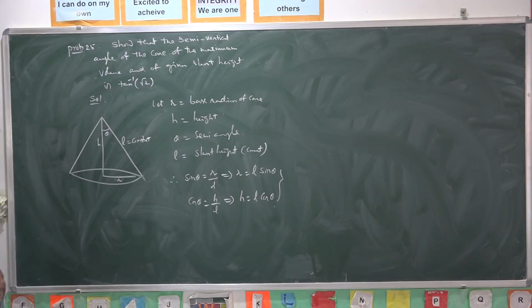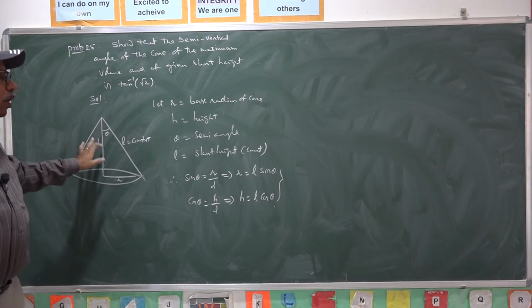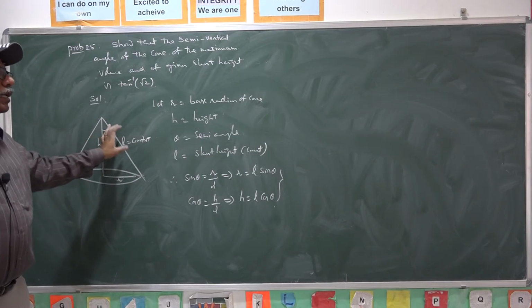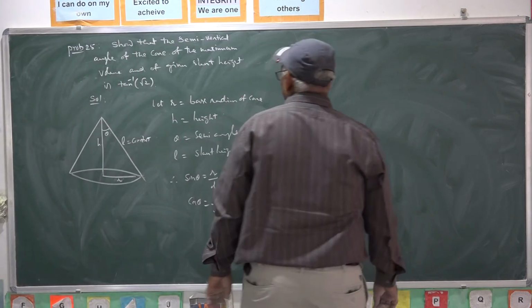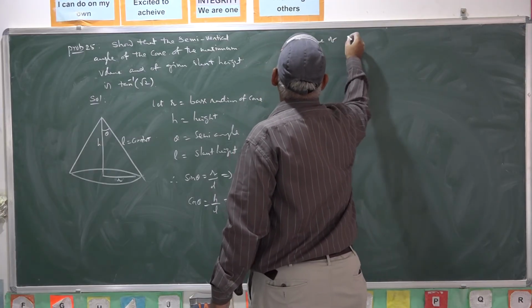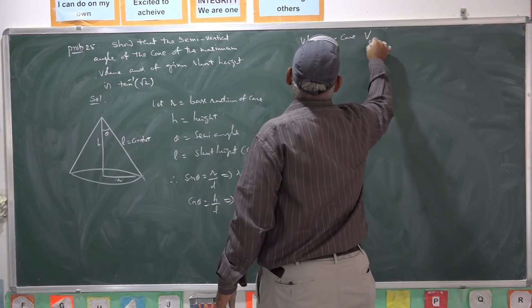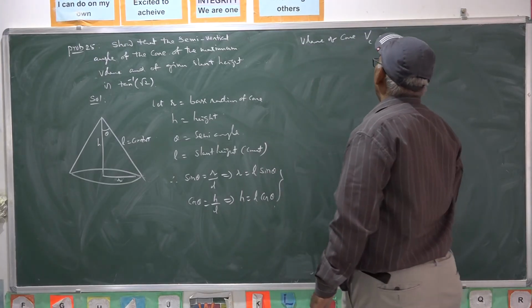L is constant here, so only theta varies. As H and R vary, theta varies because L is constant. Therefore the volume of the cone V is to be maximized here.